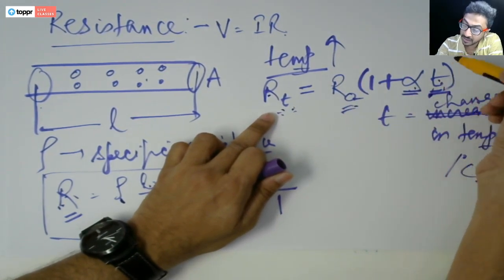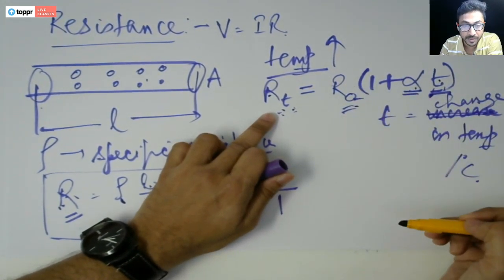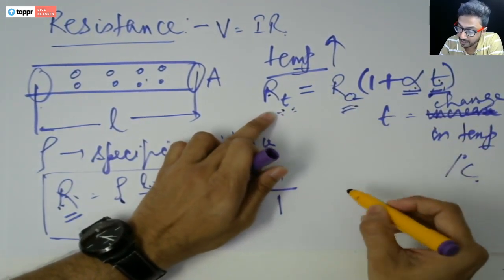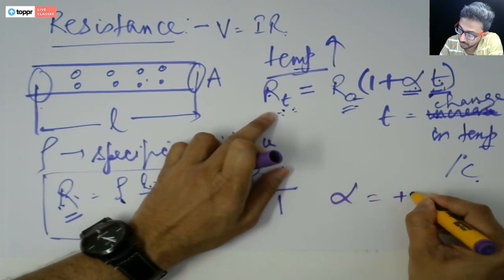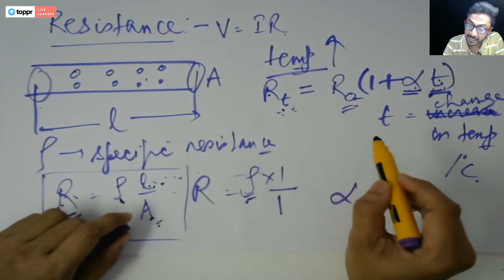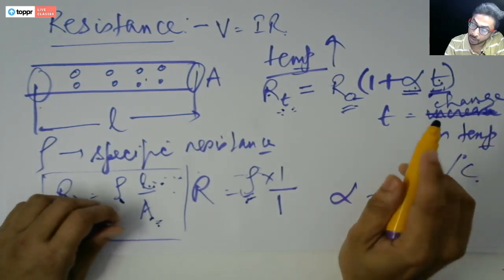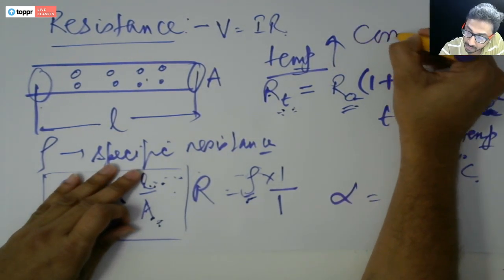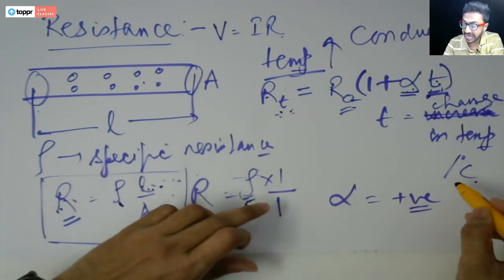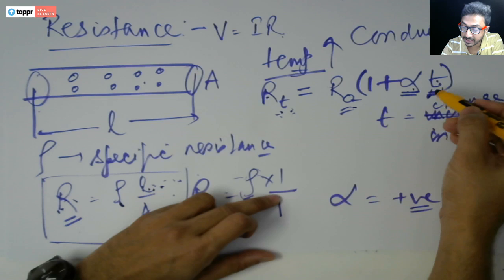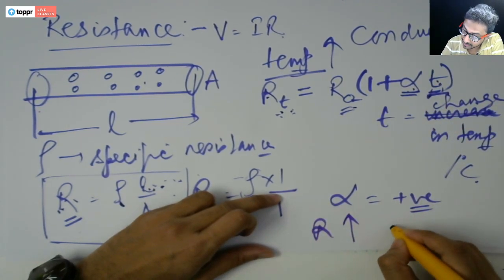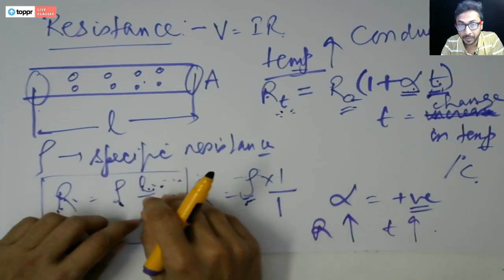If there is a fall in temperature from 0, RT will be less. So alpha is a positive value, which indicates that in most conductors the resistance increases with increase in temperature.